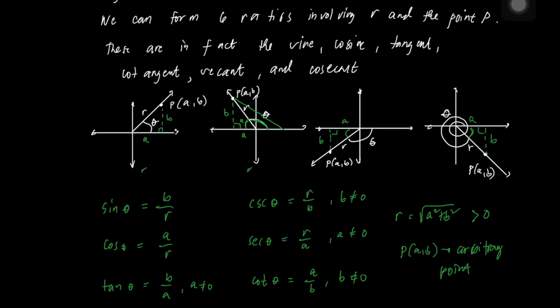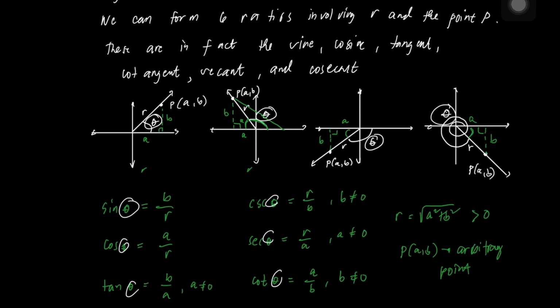Although our theta here is actually explaining these angles, in the second, third, and fourth quadrants we created another angle, because it is necessary to apply this concept on the right triangle.